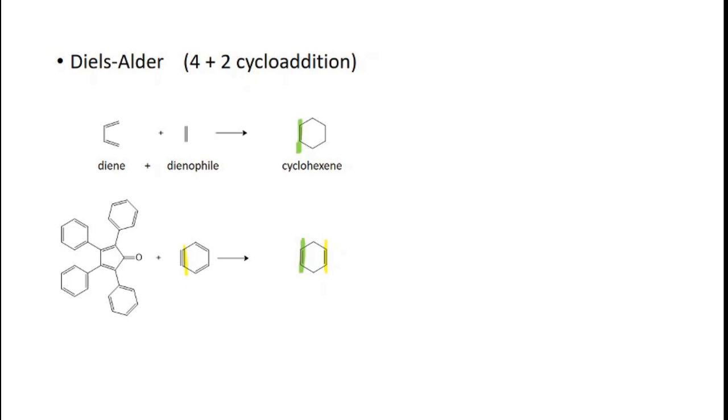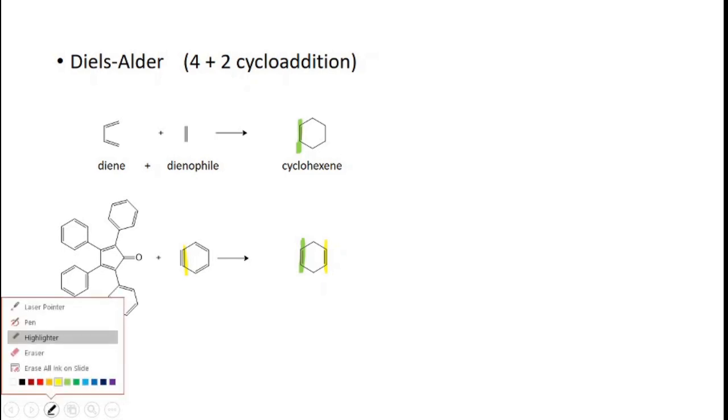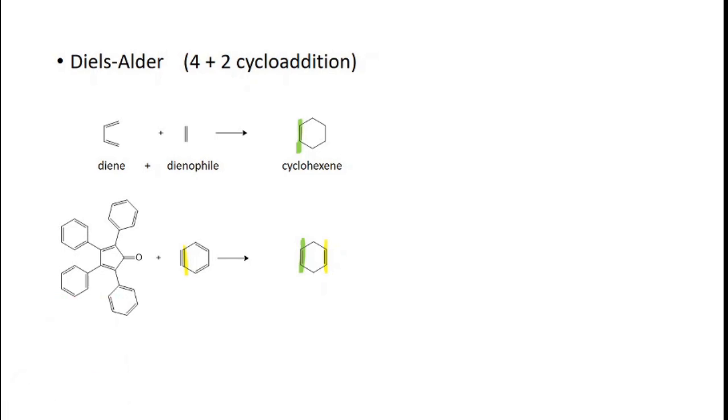But again, we're getting the cyclohexene from our diene and dienophile, but all of that other stuff is still hanging out on this thing. So for example, we had those 4 phenyl rings on our diene. Those 4 phenyl rings are still present.